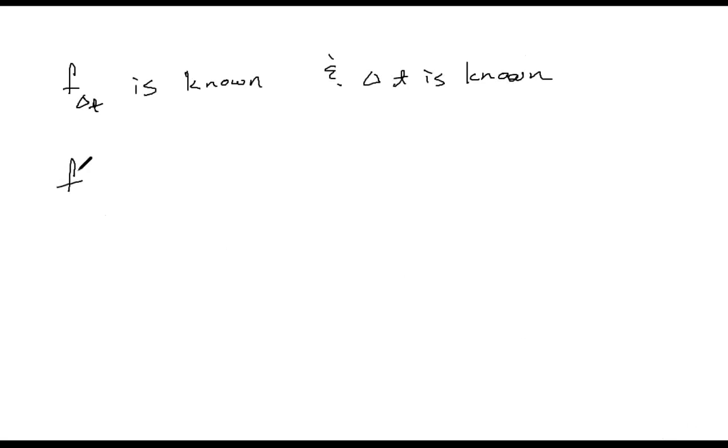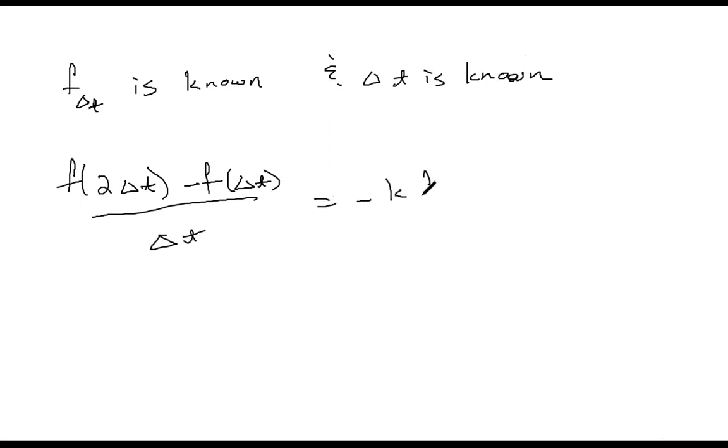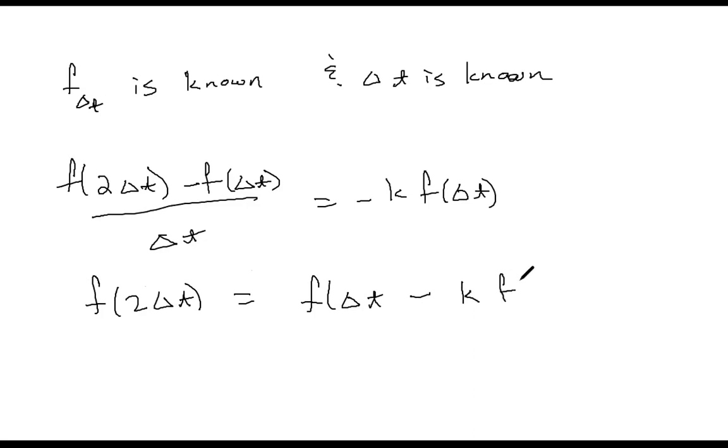I could say f of 2 delta t minus f of delta t, all divided by delta t, equals minus k f of delta t, which means that f of 2 delta t equals f of delta t minus k f of delta t times delta t.